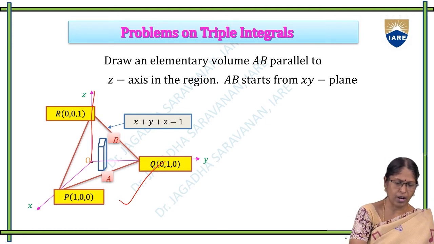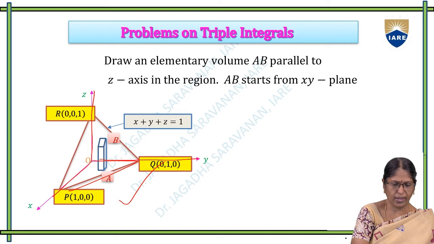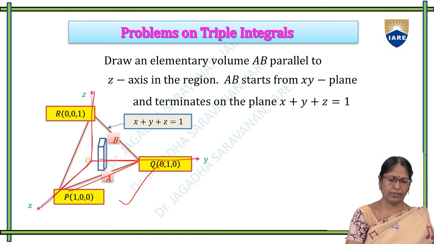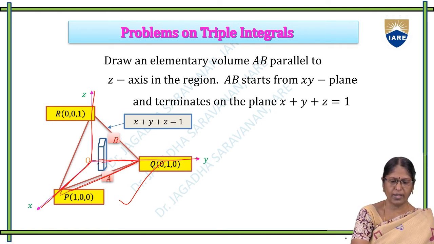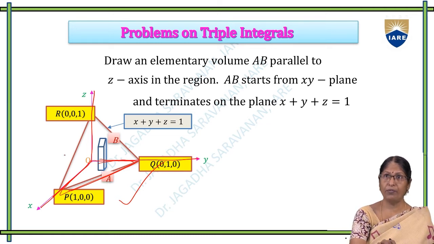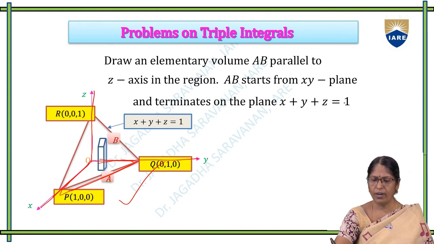AB starts from the xy plane and terminates at the surface in 3 dimension, the equation x plus y plus z equal to 1.